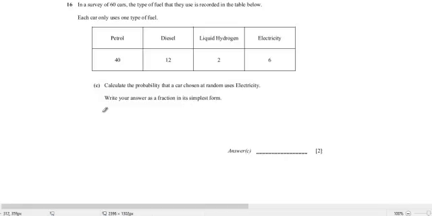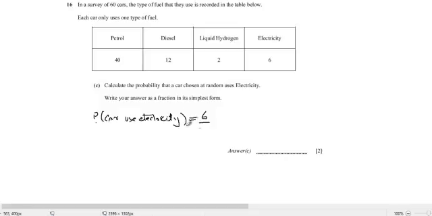So probability of the car uses electricity is equal to total number of cars that use electricity, which is 6, divided by total possible outcomes.